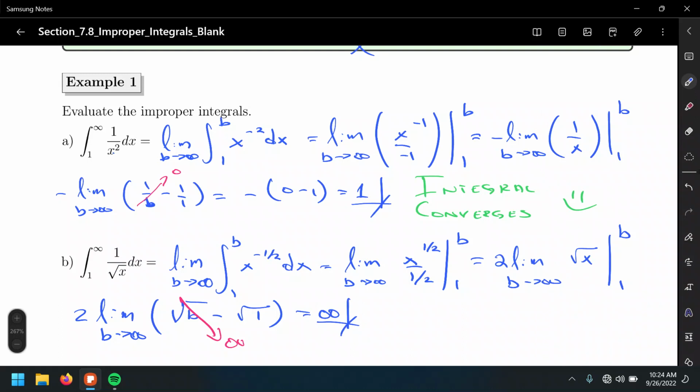And in this case, we're not getting a finite number as a final result. Therefore, we say that the integral diverges. All right? The integral diverges in this case.